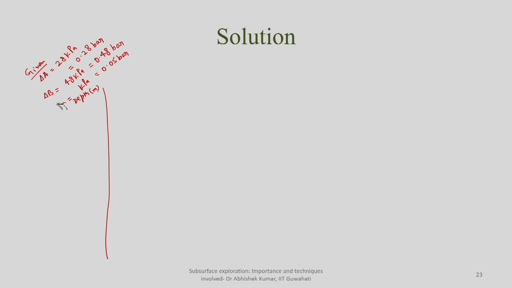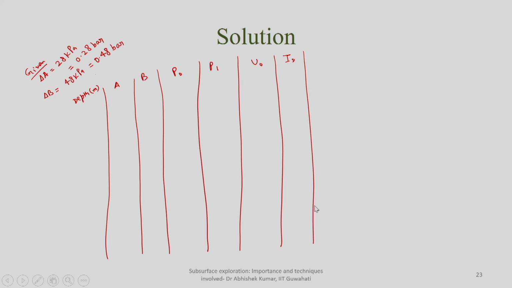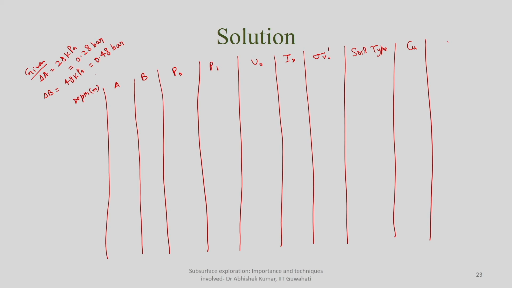These values are there, so I am just removing them because we have already calculated. Depth is given here, then you have been given the value A, the value B, and the values of delta A and delta B. Based on that you will be determining the values of P naught, P1, U naught, ID, sigma V prime, soil type, Cu, and then OCR.